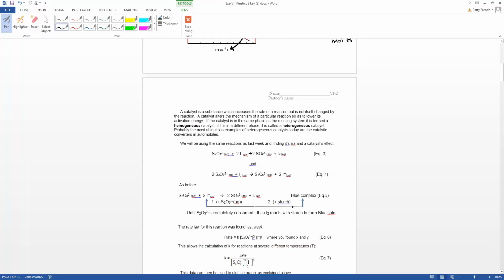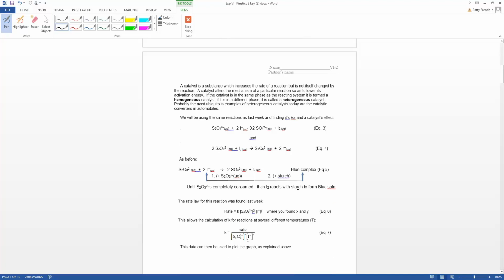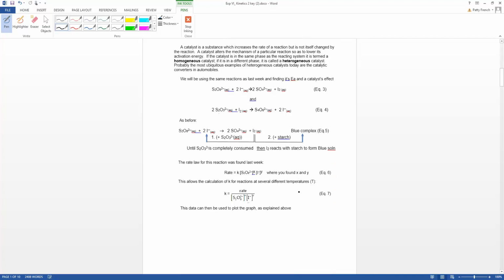So this is the same equation, the same reaction that we did last week. And what we ended up finding out last week was the X and the Y, the exponents or the orders of reaction for this particular rate law. And I think the vast majority of you found that each of these, the X and the Y, are both 1.